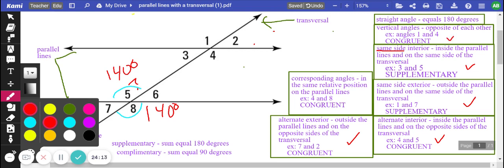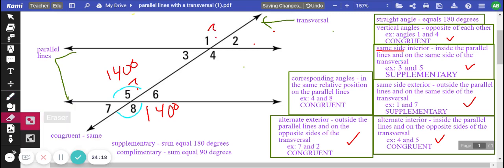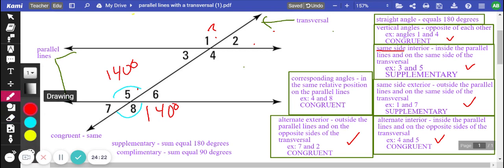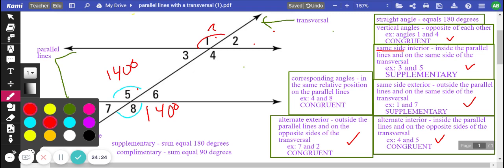What if it asks me for the measure of angle 1? Well, then we would know that the measure of angle 1 is also congruent, so that would be 140 degrees. That is how we can use all of our rules of angles to solve and find the measures of other angles.